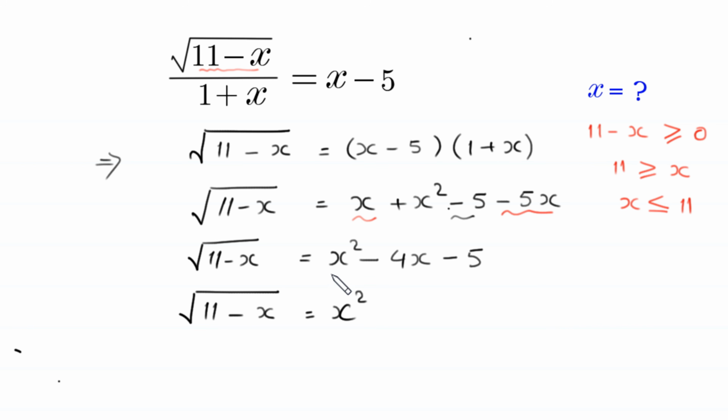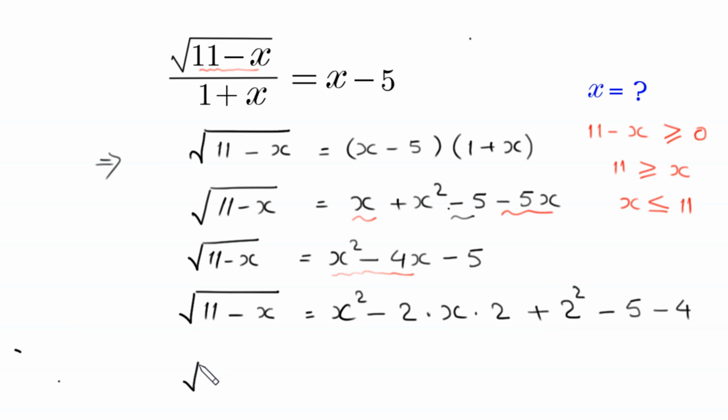Now we want to make this expression x squared minus 4x a perfect square. So we write this negative 4x as negative 2 times x times 2. To complete the square, we add 2 squared in this expression minus 5, and to balance this 2 squared we subtract 4.